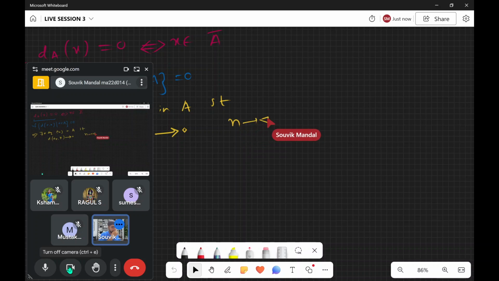By this infimum we are able to get the distance of an comma x.